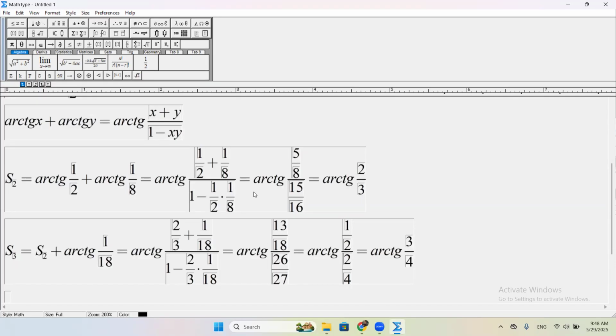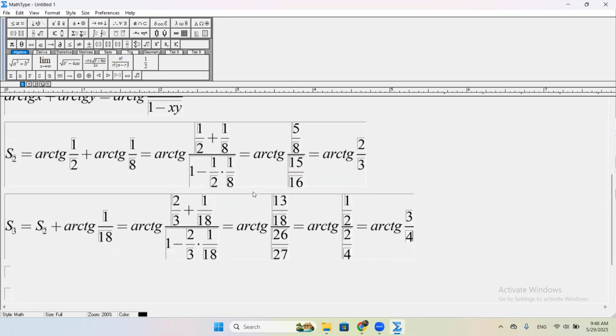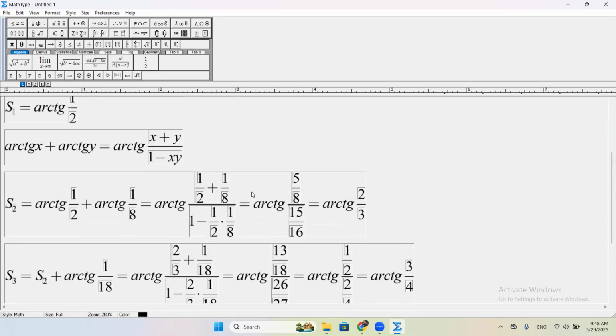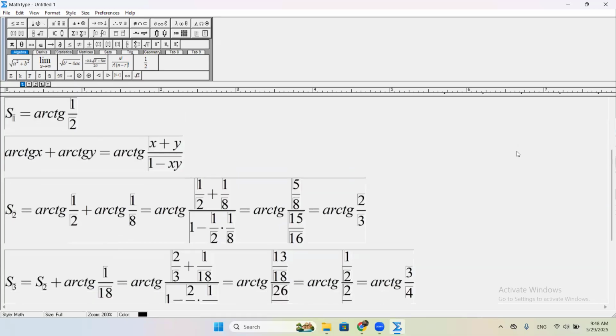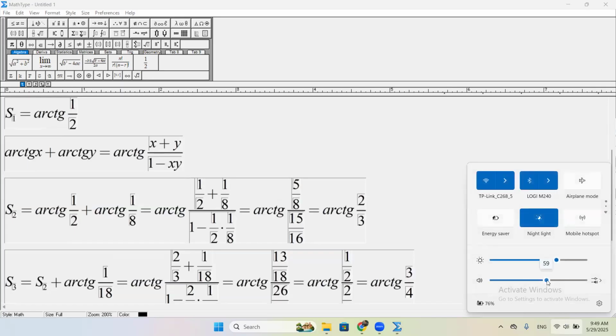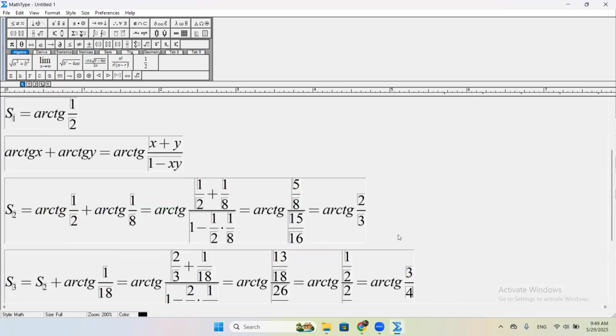Have you noticed some rule maybe for these partial sums? Looking at the first, the second, and the third. Or you need to calculate one more. I think that the numerator with each term increases by 1 and the denominator also.